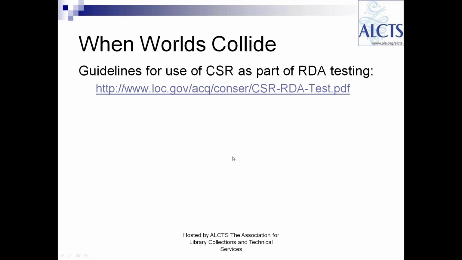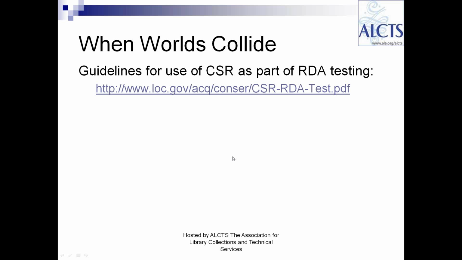So what I'd like to end this talk with is talking a little bit about the future of the CONSER standard record, specifically within the context of RDA implementation. When the RDA test happened, there were guidelines put together by CONSER for the use of the CONSER standard record as part of RDA testing.